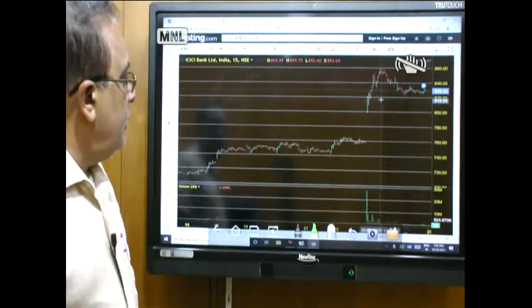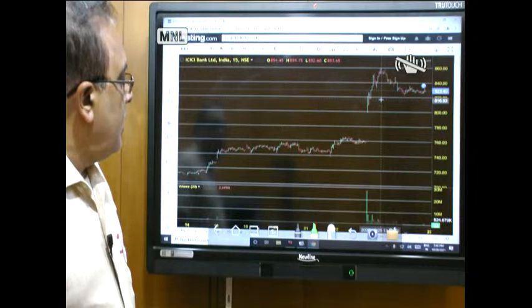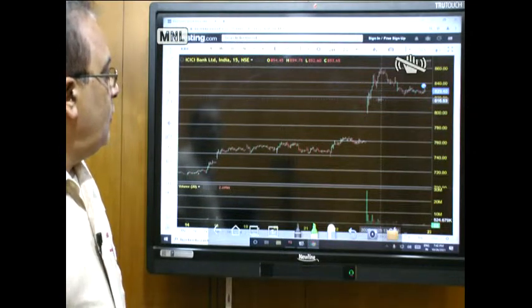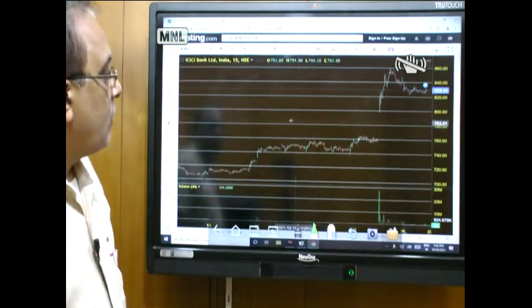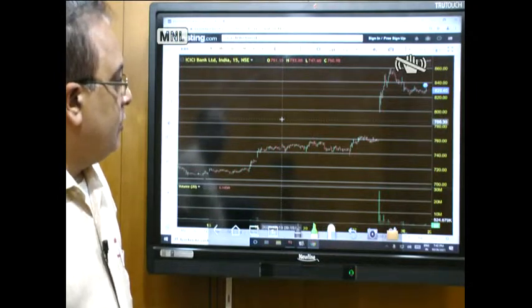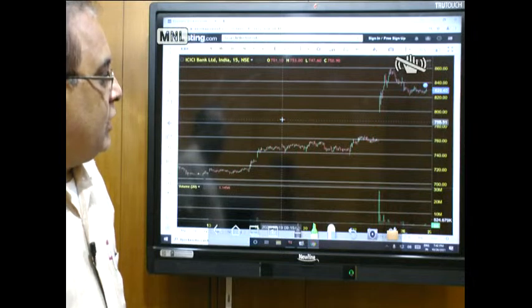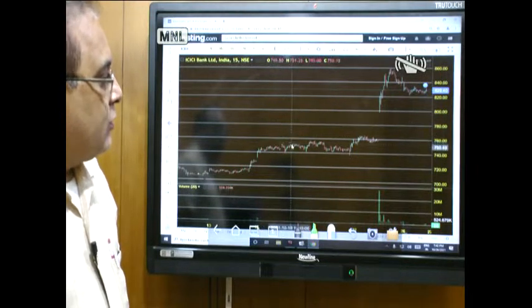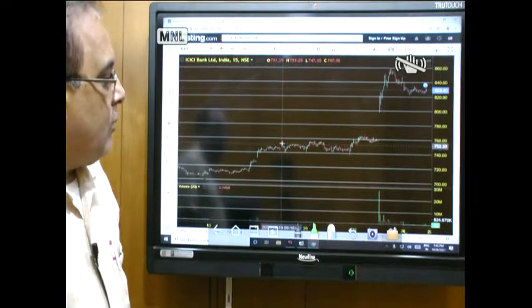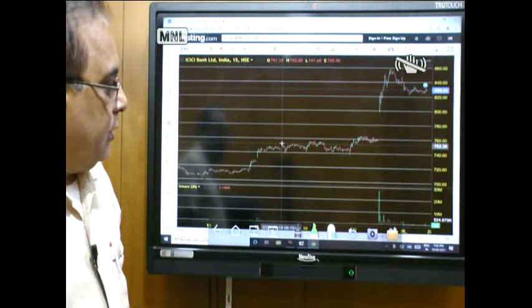Now we will look at some other day. This is the first 15 minutes chart on this day. If you want to go on the short side, we could have gone short below this low, or we should wait and then go long above this high.